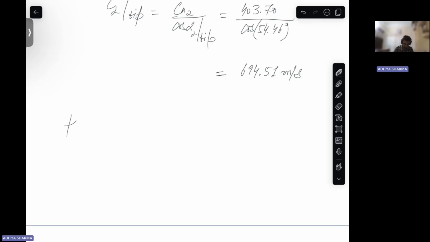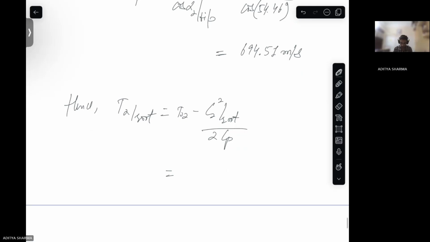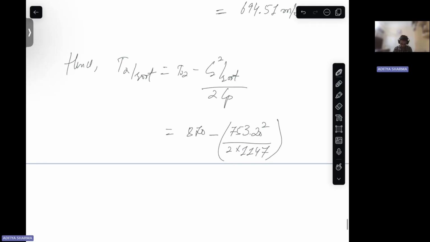Hence T2 root is equal to T naught 2 minus C2 square of root divided by 2Cp. So this is 870 minus 753.20 square divided by 2 into 1147. If you calculate this, it will come out to be 622.69 Kelvin.